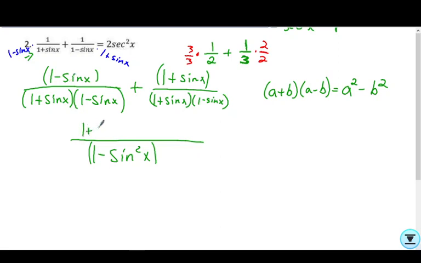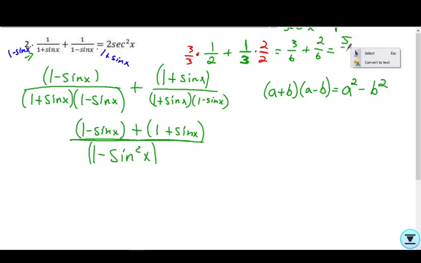So I have 1 minus sine x plus 1 plus sine x on the top. Just like we do here, we end up with 3 over 6 plus 2 over 6, which ends up being 5 over 6. So when we get common denominators, we just add the numerators. That's the same thing we did right here.